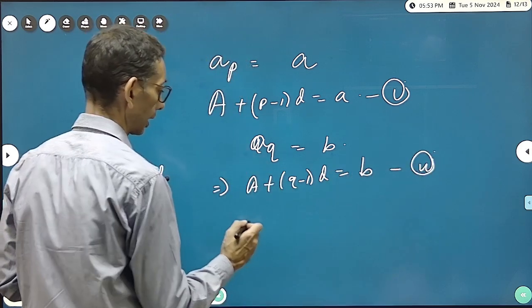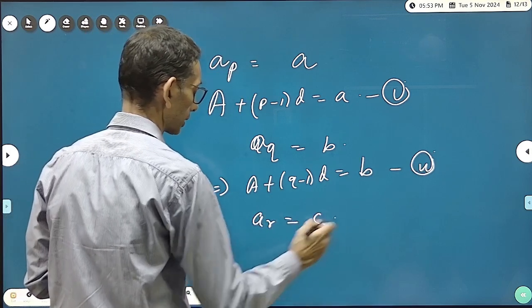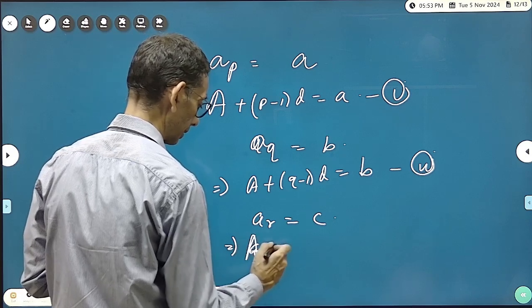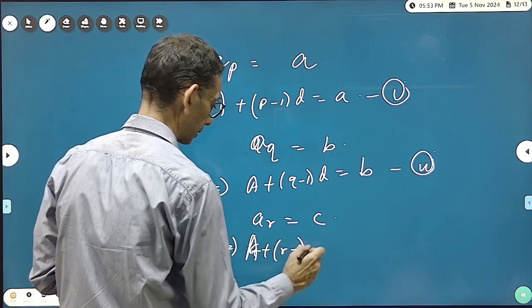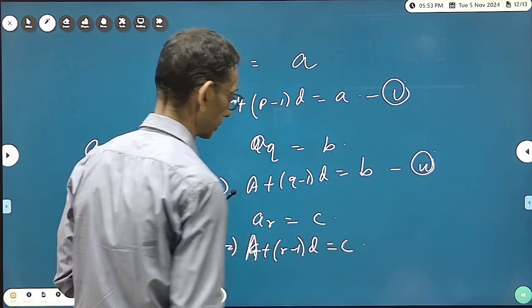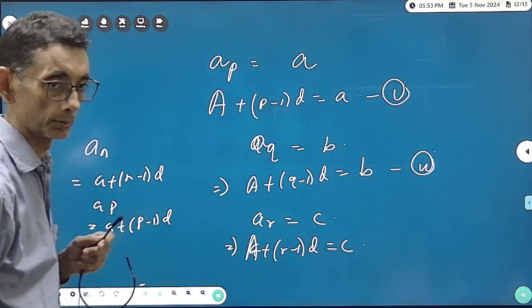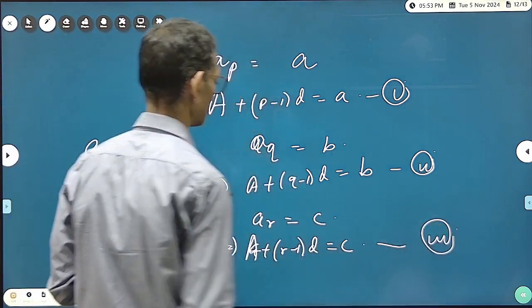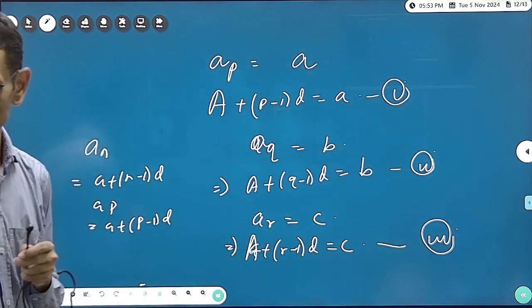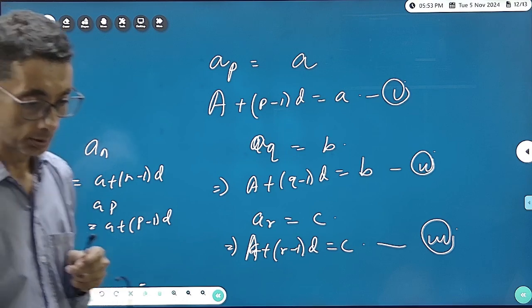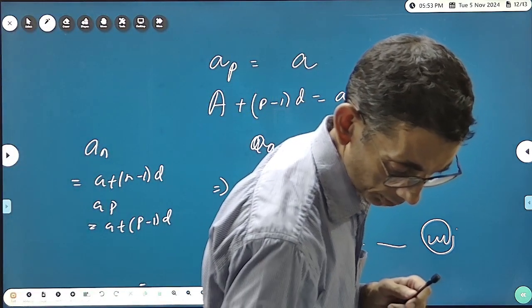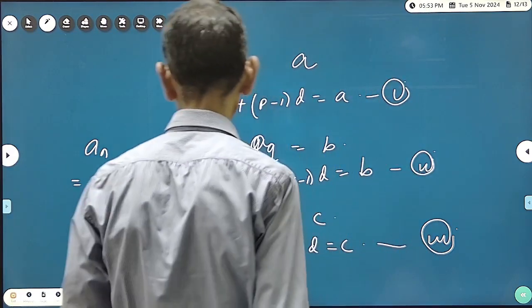Then AR equal to C: a plus R minus 1 into D is equal to C. This is 3. Done. So you got the A, B, C values. So now the left hand side equivalent. We just got these values.